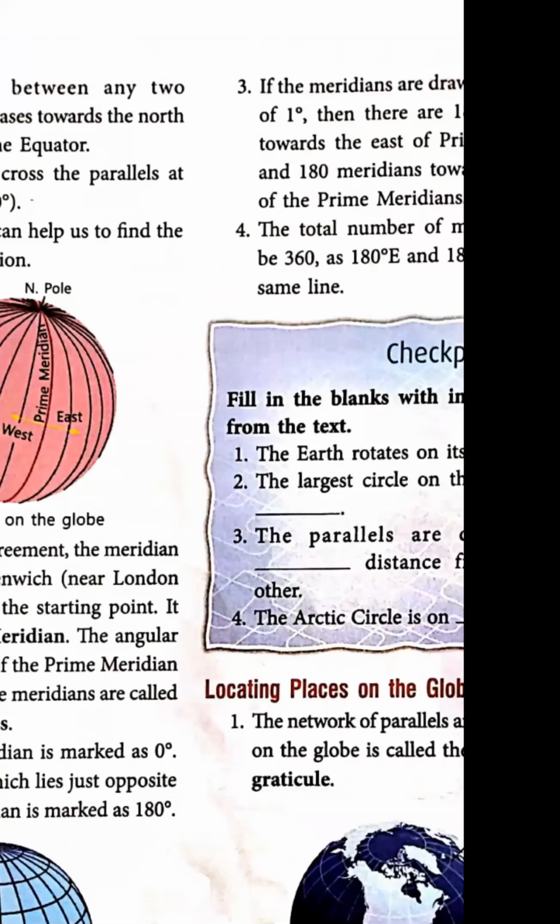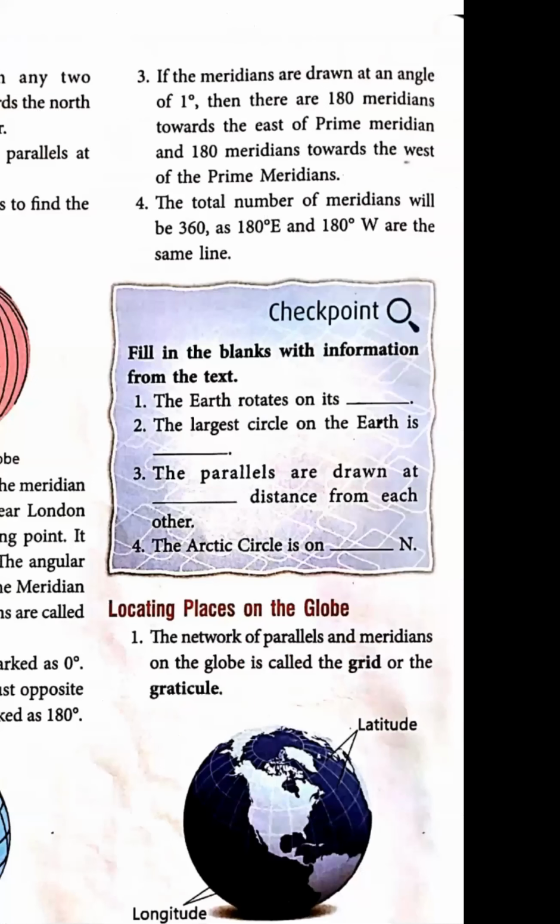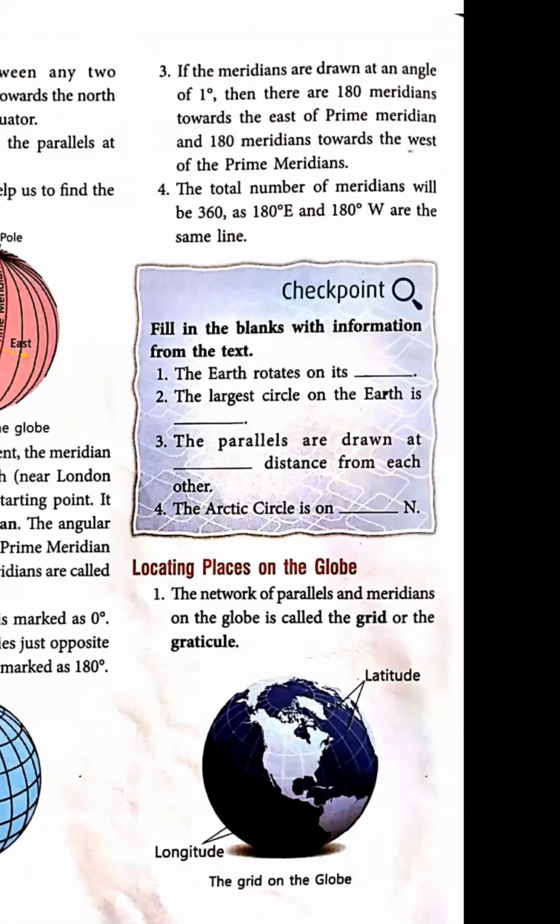Third, if the meridians are drawn at an angle of 1 degree, then there are 180 meridians towards the east and 180 meridians towards the west.